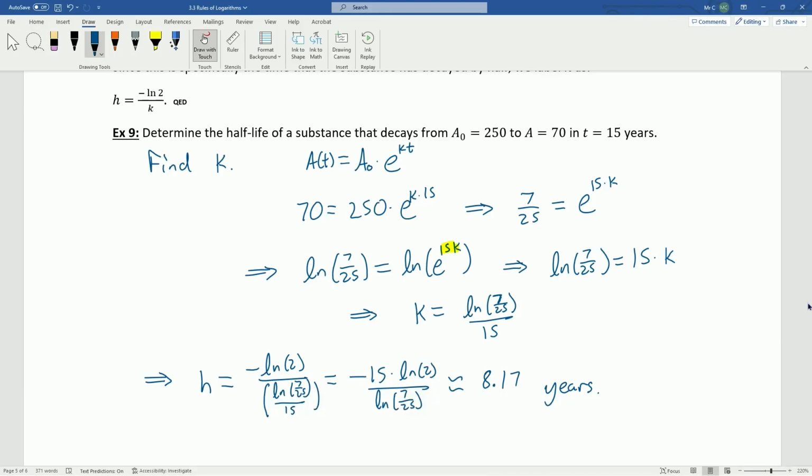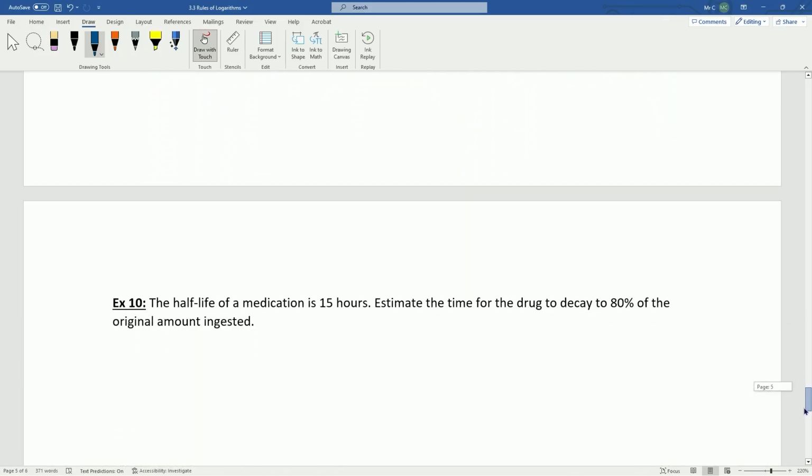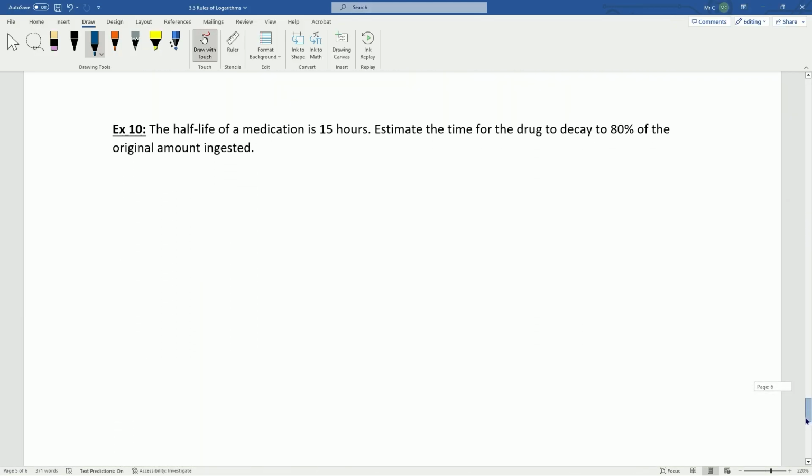Okay, and let's take a look at one more thing. Here we're given a half-life of a medication. The half-life of the medication is 15 hours. Estimate the time for the drug to decay to 80% of the original amount ingested. So in this case, I need to solve for time, where the amount at time t equals 0.8 times the initial amount.